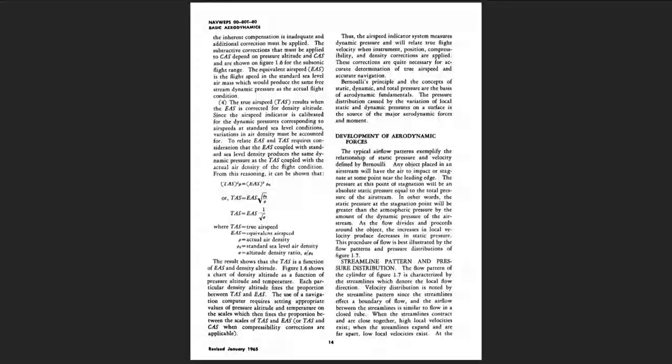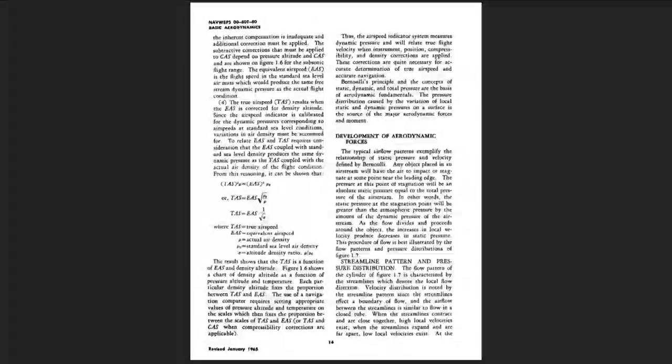TAS squared times lowercase rho equals EAS squared times lowercase rho naught. Or TAS equals EAS times the square root of lowercase rho naught over lowercase rho. Or TAS equals EAS times 1 over the square root of lowercase sigma.